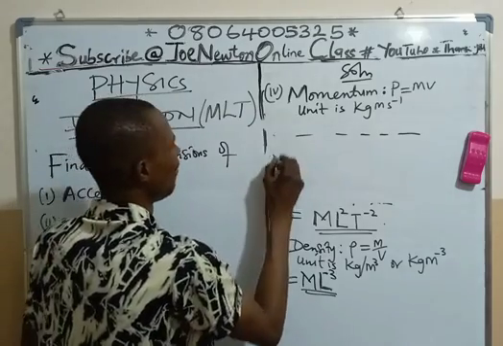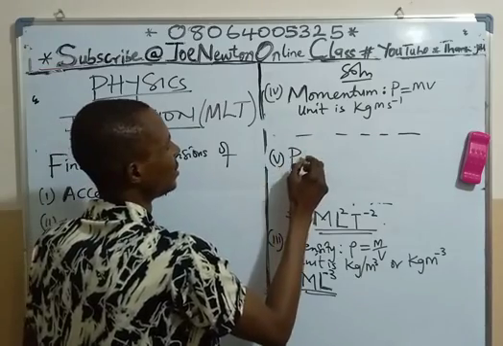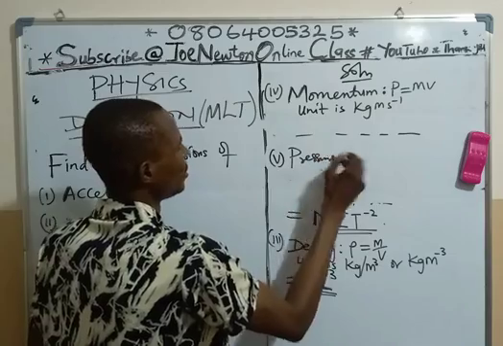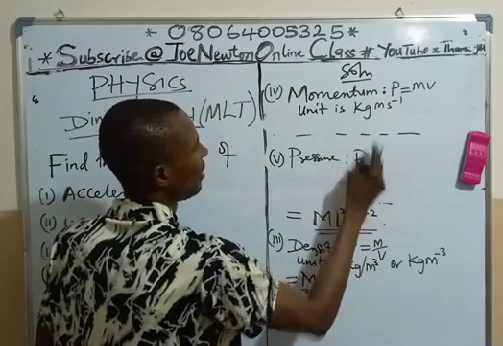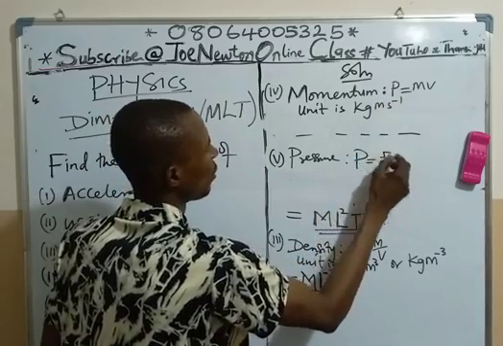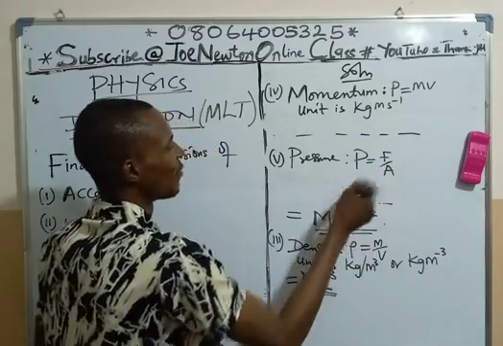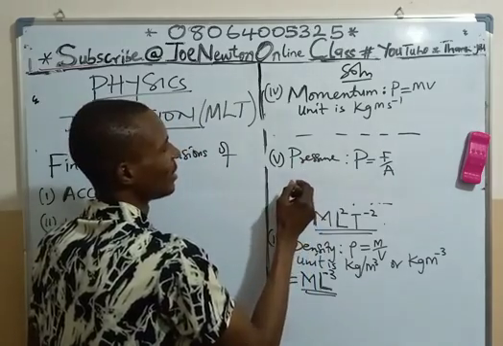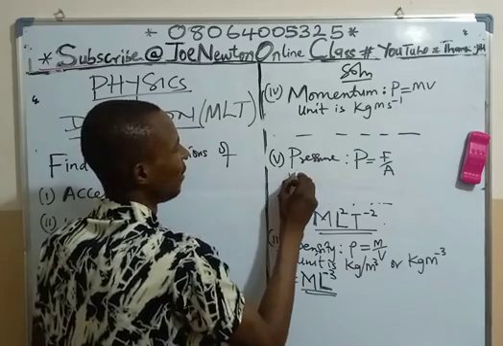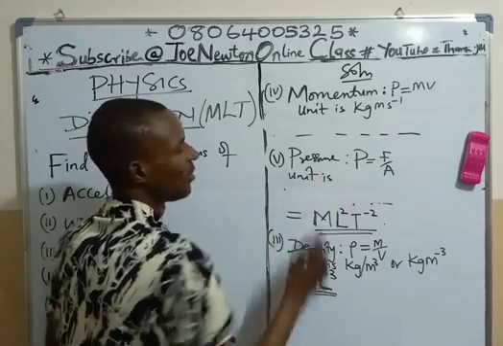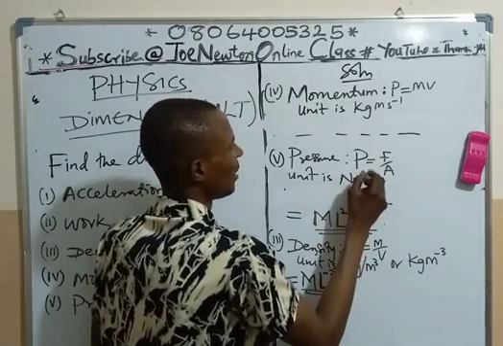For pressure, pressure is given as P equals force over area. And of course, we can now see that for the unit of pressure, force is Newton and area is meter square.